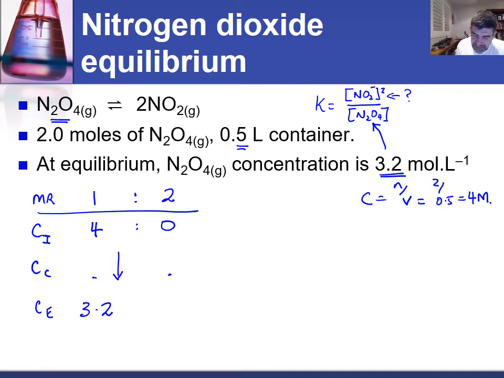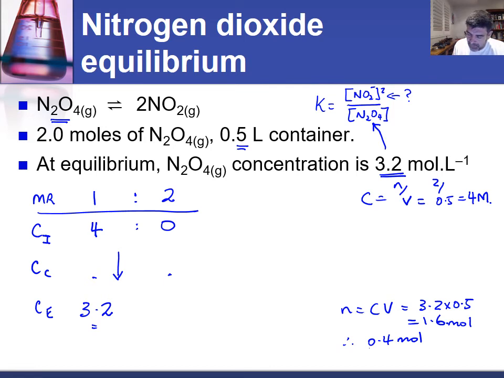Given that the container here is still 0.5, that doesn't change, number of moles is equal to concentration times volume. So the number of moles is 3.2 times 0.5, which is 1.6. So we have 1.6 moles of N2O4 remaining at the end. What that means is we must have, therefore, 0.4 moles have reacted.